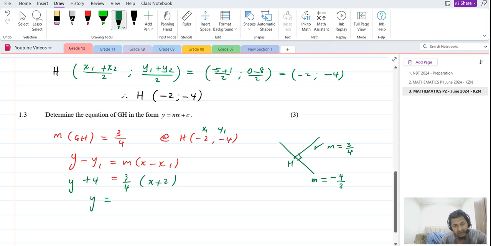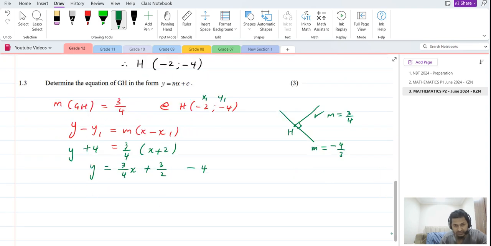So what we have now is y equals, you can open this up and take the +4 over, it becomes -4. If you open this up, you get 3/4 x. 3/4 times 2, the 2 and the 4 cancel out, so you're going to have plus 3/2, because 6/4 is basically 3/2.